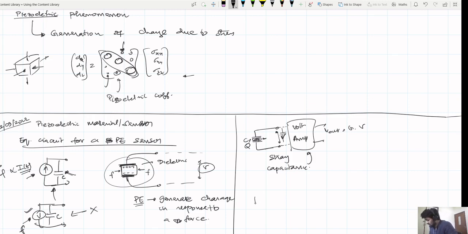To address that, this problem can be addressed if you use what is called a charge amplifier. What kind of a circuit is this? This is your charge amplifier.